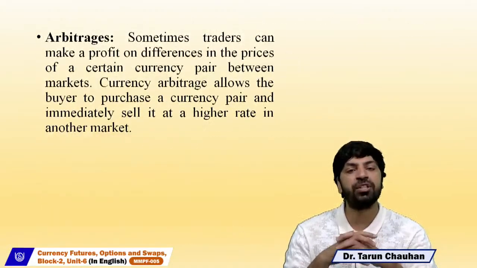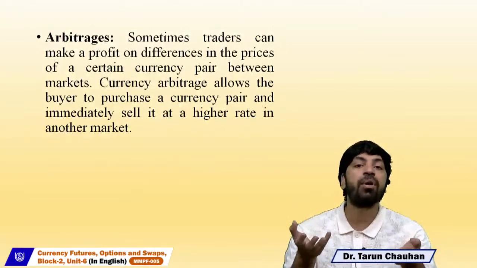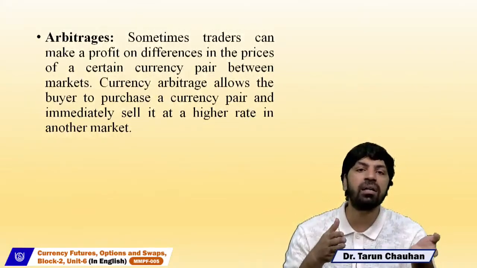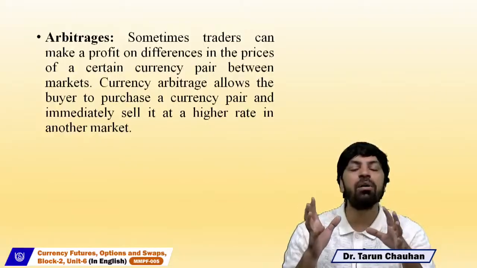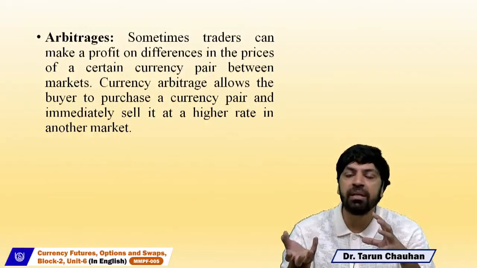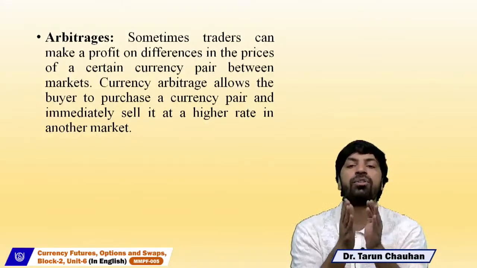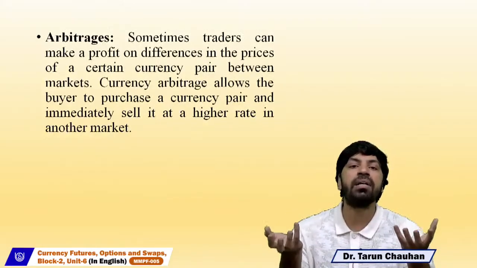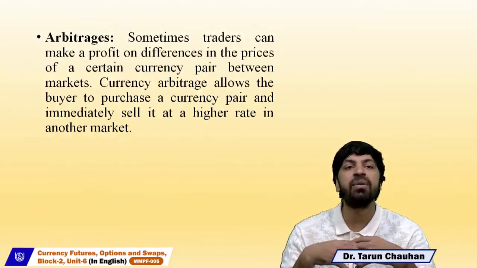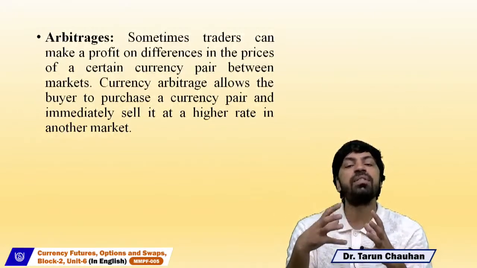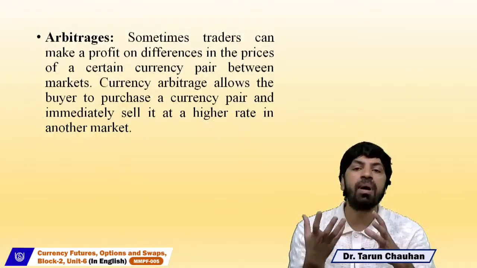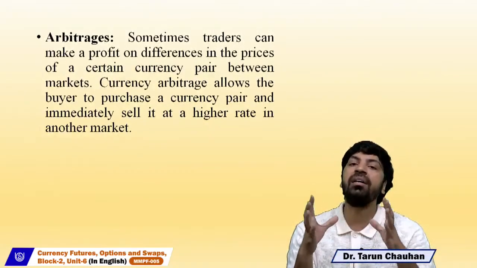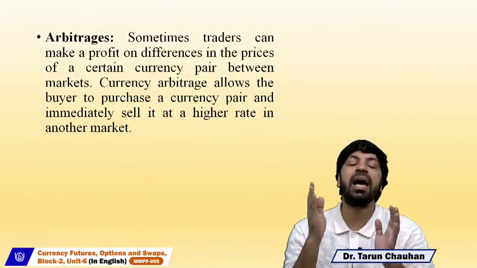Last one is arbitrage. Sometimes traders make a profit on differences in prices of certain currencies between markets. So currency arbitrage allows buyers to purchase a currency pair. It could be US dollar to Indian rupee, or Indian rupee to US dollar. So it's called a currency pair. Currency arbitrage refers to a process which gives a buyer the flexibility to buy a currency pair immediately and sell it at a higher rate in another market.